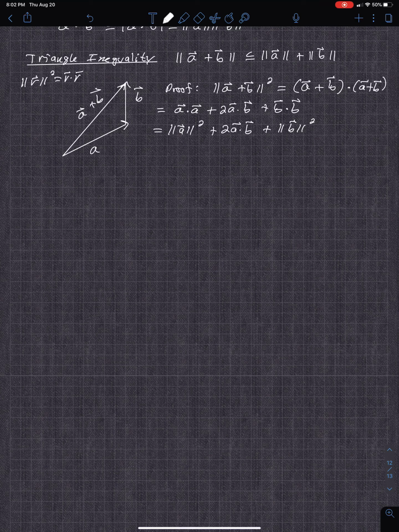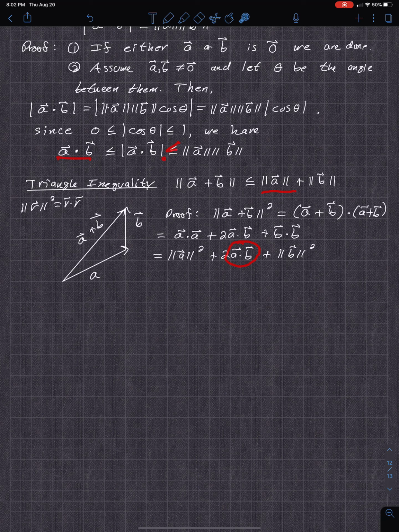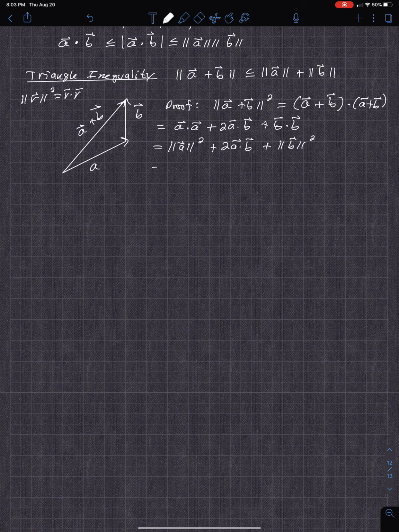Then by the Cauchy-Schwarz inequality, we can replace this A dot B with something greater, since A dot B is less than or equal to magnitude A, magnitude B. So this whole thing is less than or equal to magnitude A squared plus 2 times magnitude A, magnitude B, plus magnitude B squared, by Cauchy-Schwarz.